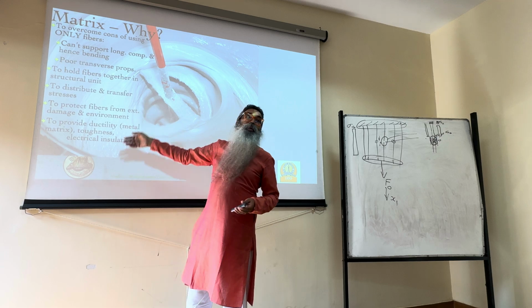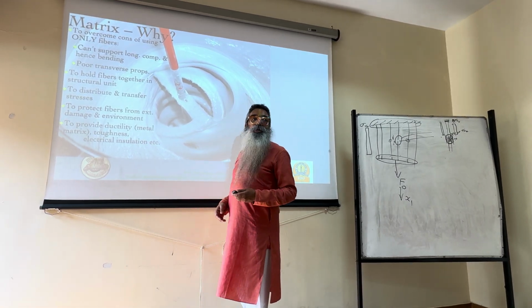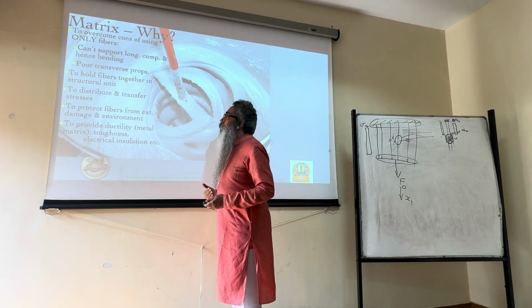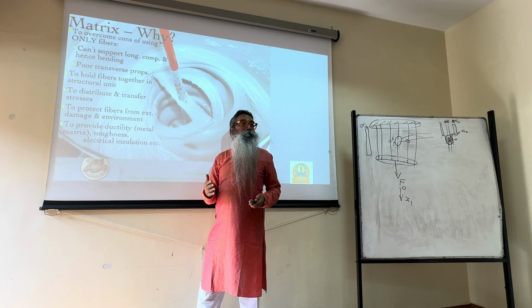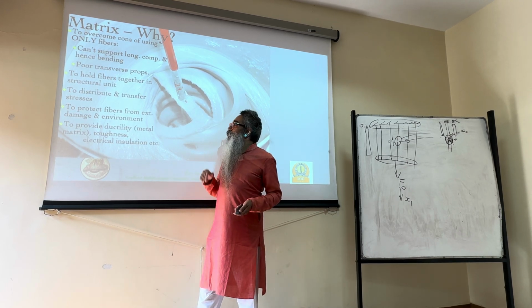So next is, again, it depends on the kind of matrix. So far we've been talking only about polymer matrix composites, which are mostly used in a lot of aerospace applications, but slowly, especially for higher temperature applications, we have started moving into metal matrix composites like aluminum matrix or titanium matrix, even where silicon carbide fibers are used, for example.